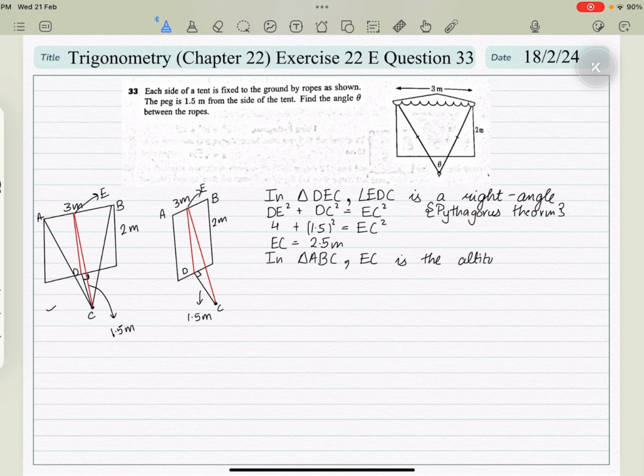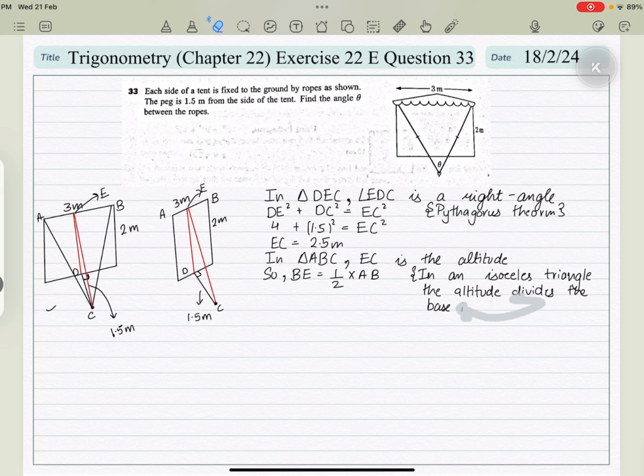When we know that it is the altitude, BE is equal to half of AB, because in an isosceles triangle, the altitude bisects the base.